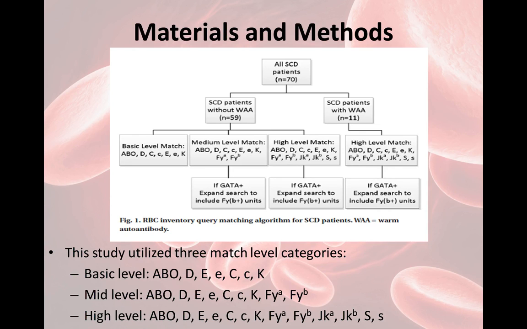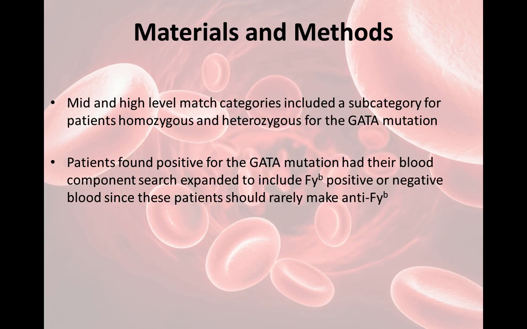And they also included sublevels for whether or not a patient was positive for the GATA mutation. Mid and high-level match categories included the subcategory for patients homozygous and heterozygous for the GATA mutation.